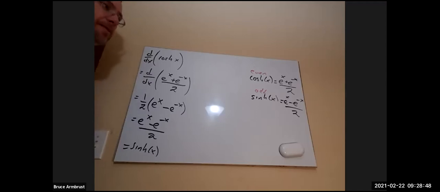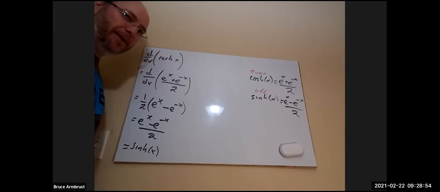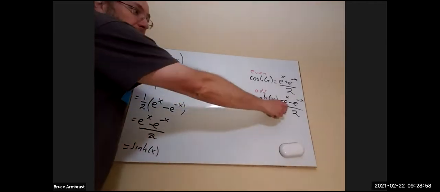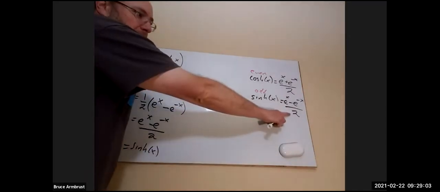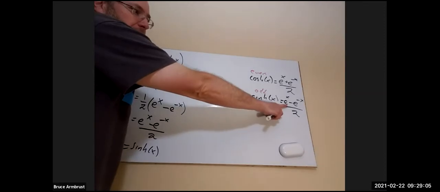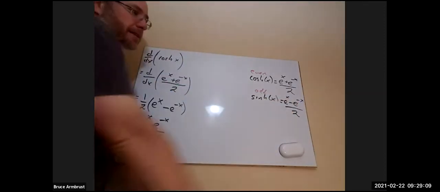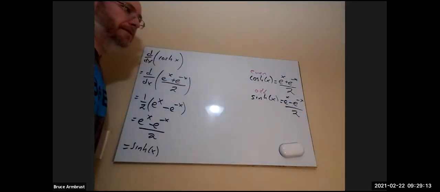Okay, so then what about the derivative of sinh? And I know what you're thinking. Here's where the sign change is going to happen. Well, look at sinh. If you were to differentiate it, the 1/2 is going to stick around. E to the x, its derivative is e to the x. The minus e to the minus x, we're going to get a -1 from the chain rule, which is going to make that plus.